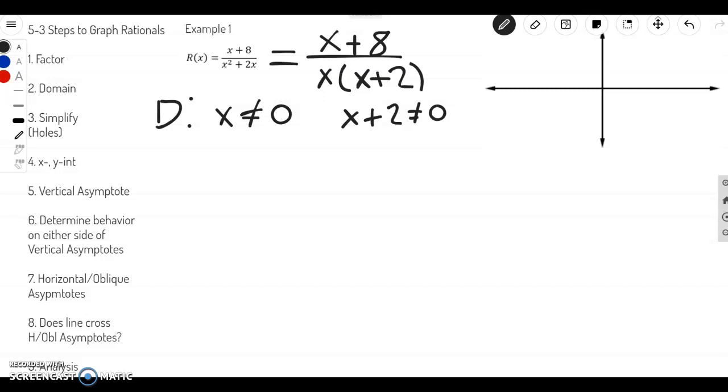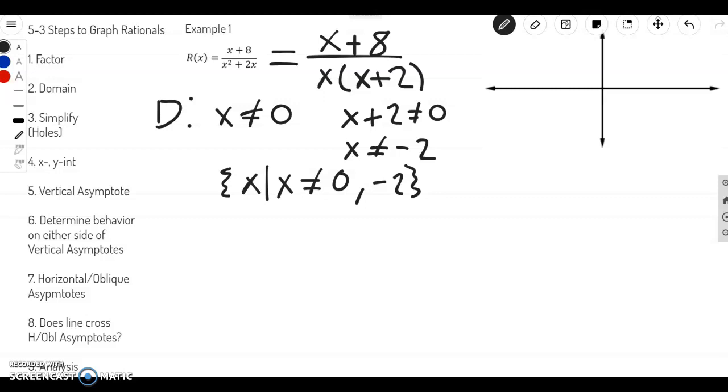We don't have to do anything. The second one, we would subtract 2 from both sides, so we have x is not equal to negative 2. And so our domain in this case is the set of all x such that x is not equal to 0 or negative 2. And we have our domain.